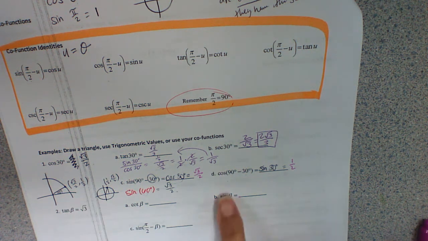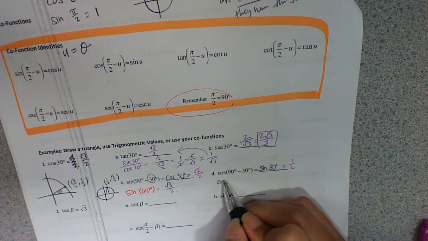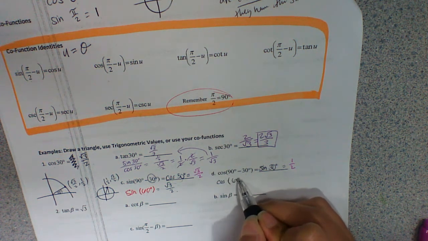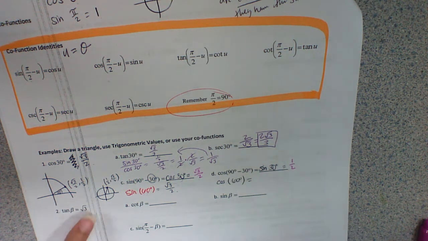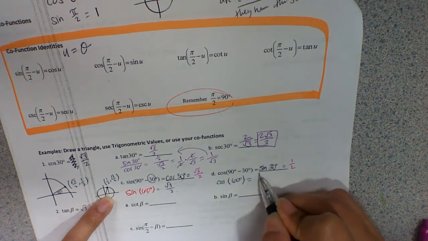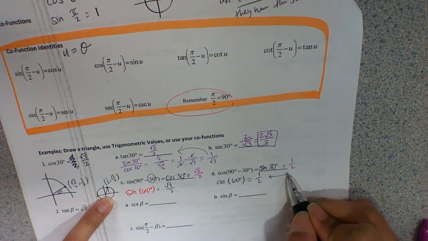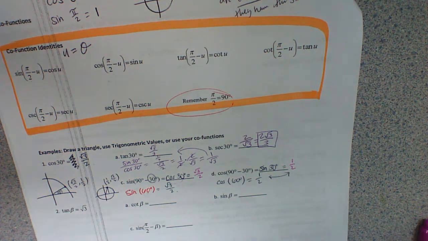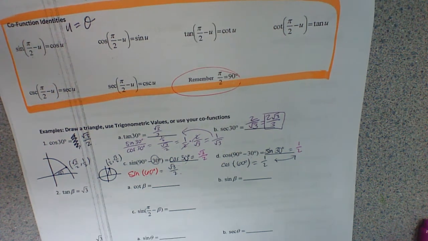And again, let's just say that you did not see this as a cofunction, and you just said, okay, well, that's cos of 60 degrees. Now, what's cos of 60 degrees then? Yeah, that's also a half. Again, these are cofunctions, and that's what will happen with cofunctions. They'll end up giving you the same answer, the same value.